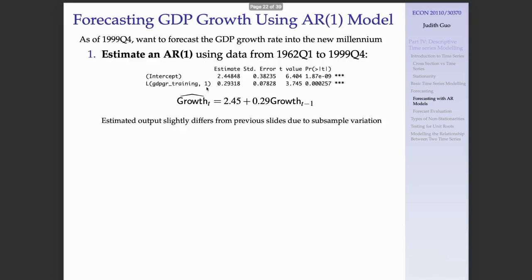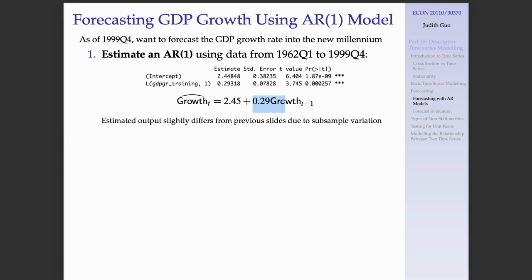So, forecasting using the growth rate. What we have is the data set up to 1999 Q4, because this is quarterly data, and we want to use our data to forecast the growth rate in the 2000s. We first estimate the AR(1) model, and we can see, similar to what we had before, the alpha hat 1 is 0.29.